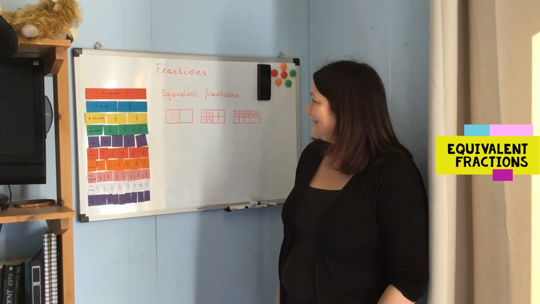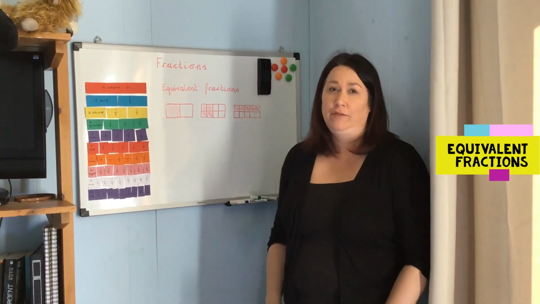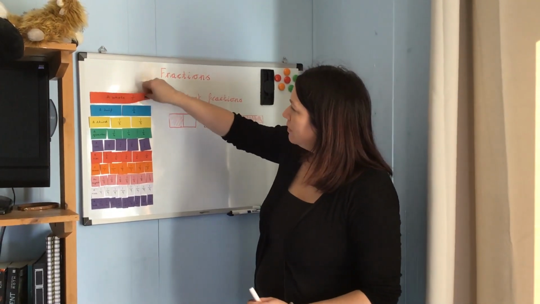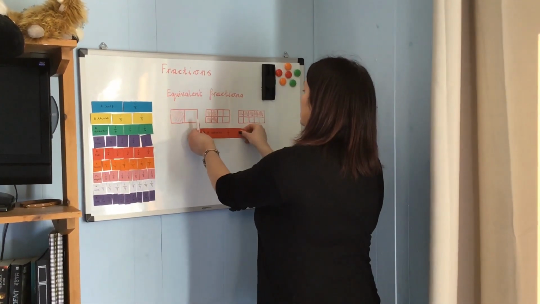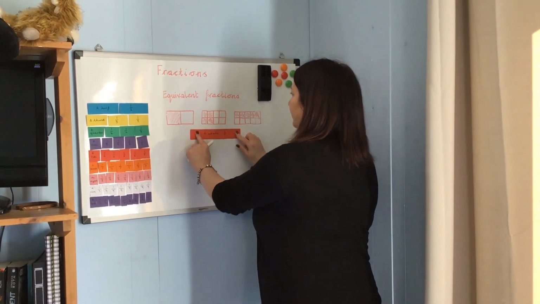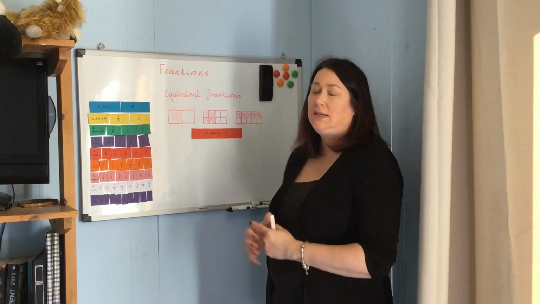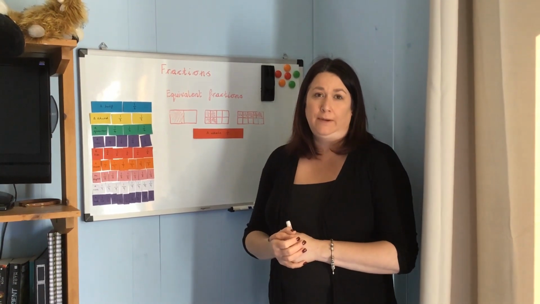So you can see here that on my board I have drawn 3 bars of chocolate. 1 bar of chocolate is a whole. You can see though that on each bar I have shaded some of the bar.